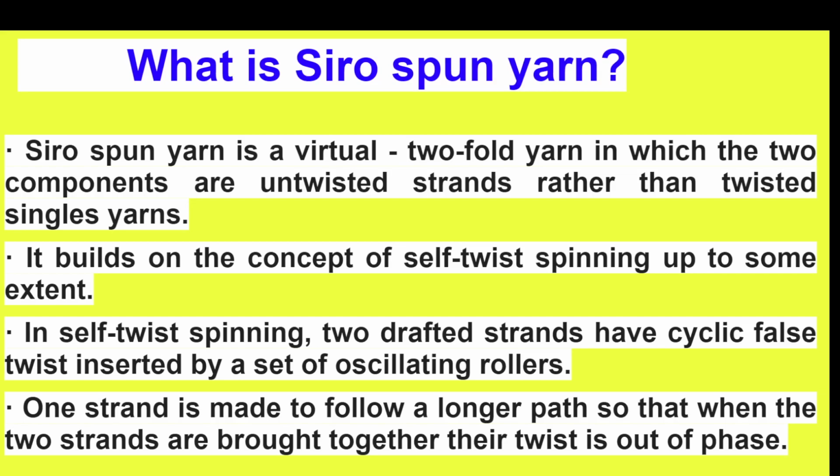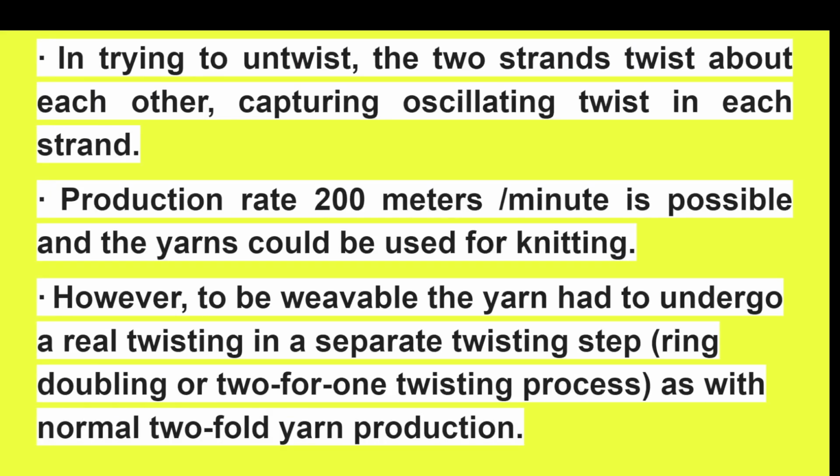One strand is made to follow a longer path so that when the two strands are brought together, their twist is out of phase. In trying to untwist, the two strands twist about each other, capturing oscillating twist in each strand.